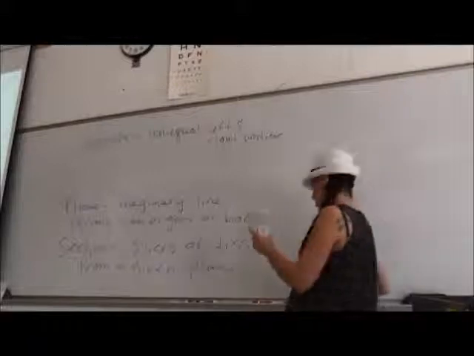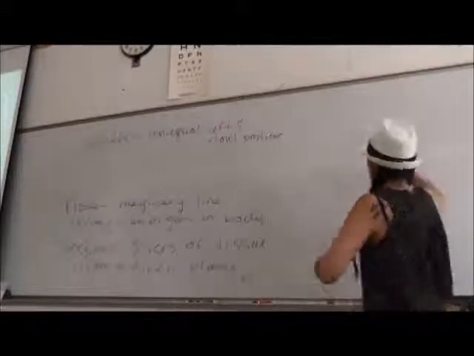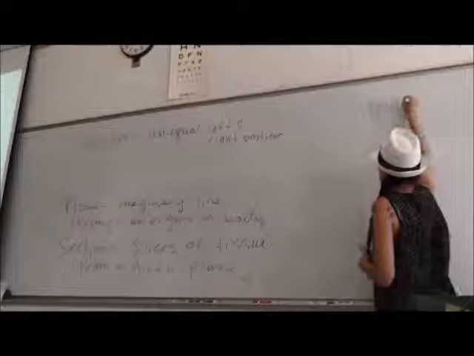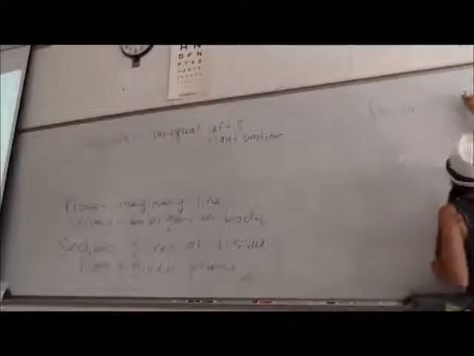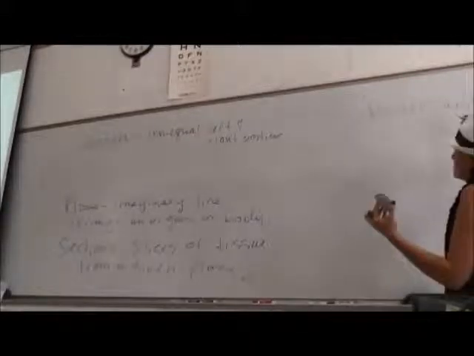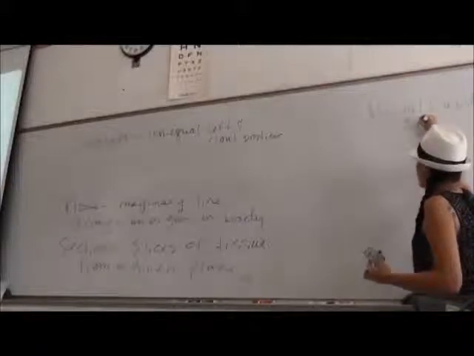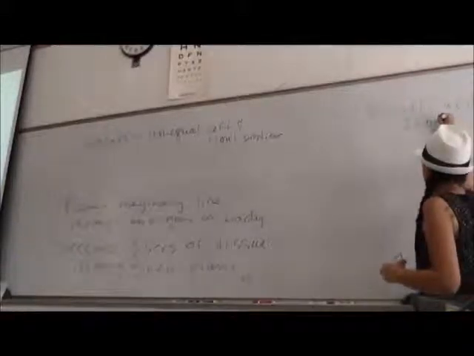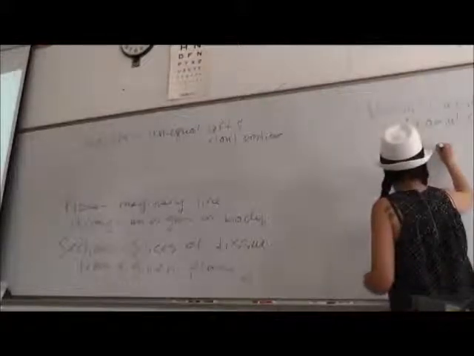The membranes in the dorsal cavity that are protecting those soft organs from the hard bones are called meninges. And we'll talk more about meninges when we get to the nervous system. So your dorsal cavity can also be split into the cranial cavity that specifically holds your brain, and your vertebral column that protects your spinal cord.